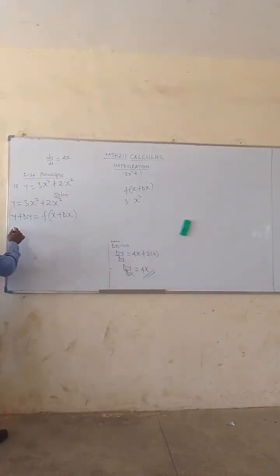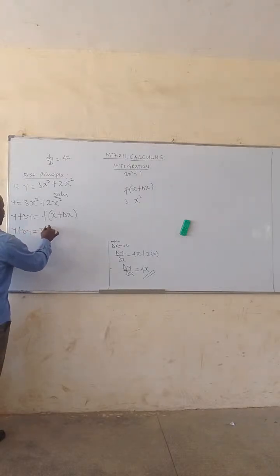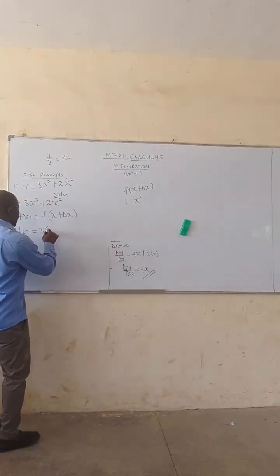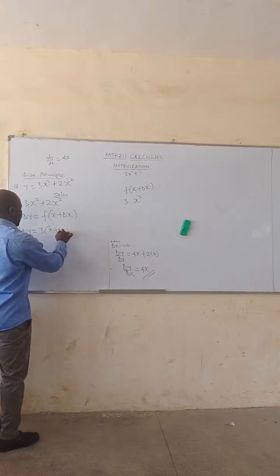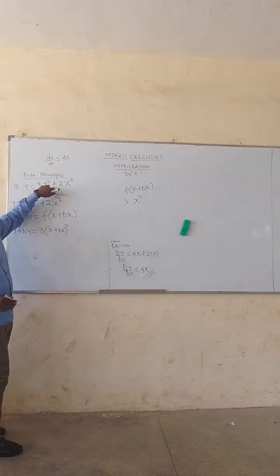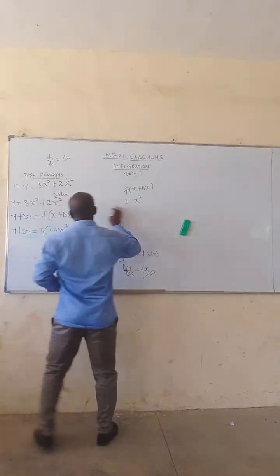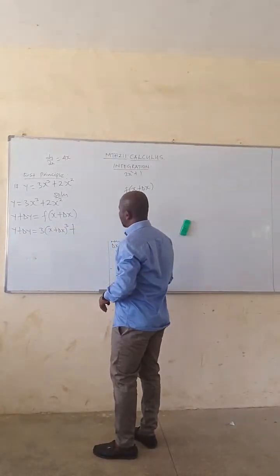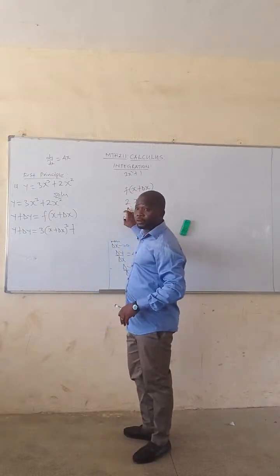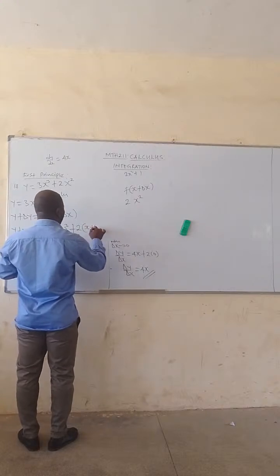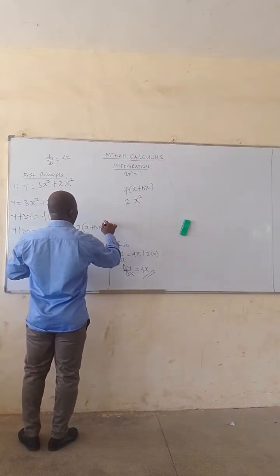So our y plus dy is equal to 3, open bracket, note that our x is raised to power 3, so x plus dx raised to power 3. Plus, the same thing applicable here. The function here is 2, then square. So our f here is 2, then open bracket x plus dx, all the bracket raised to power 2.